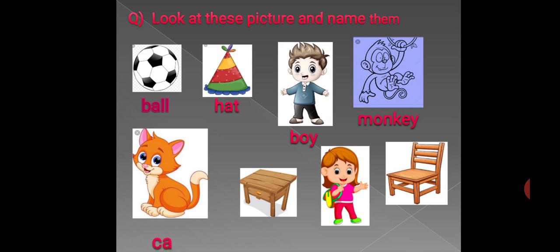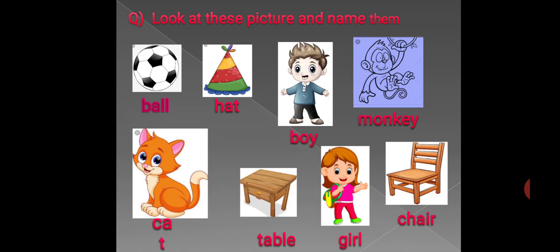Oh, this is a pussy little cat. A table. A girl. And what is this? The thing which you always use for sitting and playing games near the table. This is a small chair. And last but not the least, this is a little cute girl.